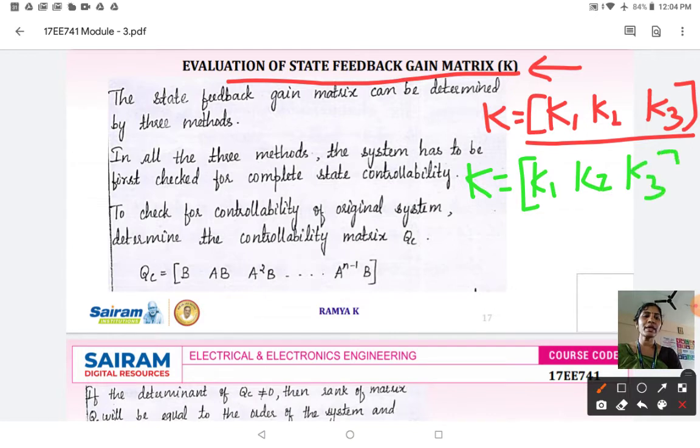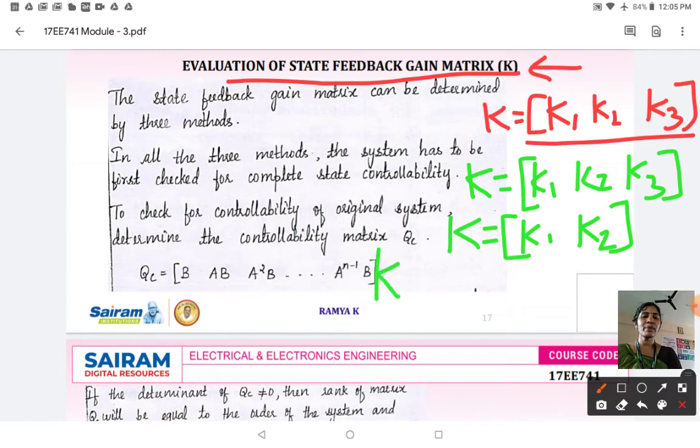If I have only one state variable, K is equal to K1; K1, K2 if I have 2 state variables; and if I have 4 state variables, K is equal to K1, K2, K3, K4. Likewise it goes on. Depending upon the number of state variables, the number of state feedback gains also increases.